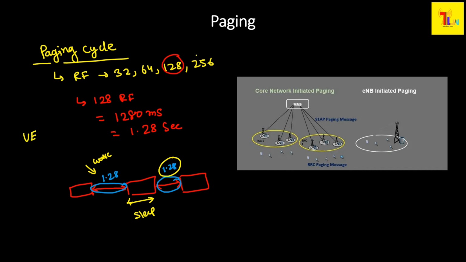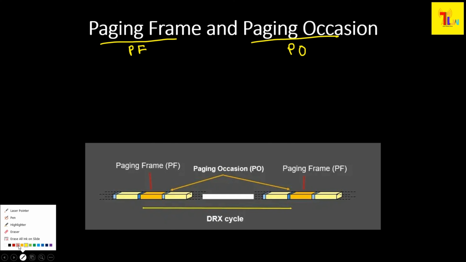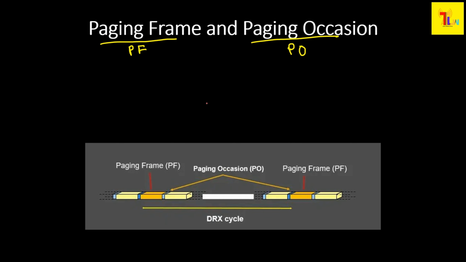Now, when we are discussing the paging cycle, two more important terms come into the picture: paging frame (PF) and paging occasion (PO). I have taken an example from the internet below, which defines what exactly the paging frame is. Whenever I'm talking about the paging frame, concentrate on this particular figure.